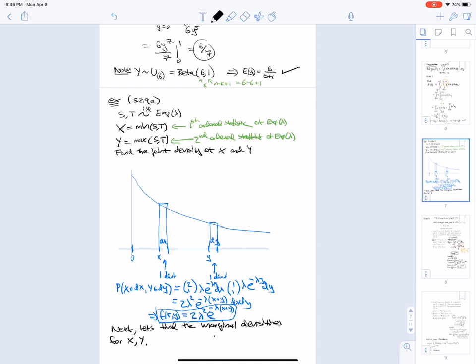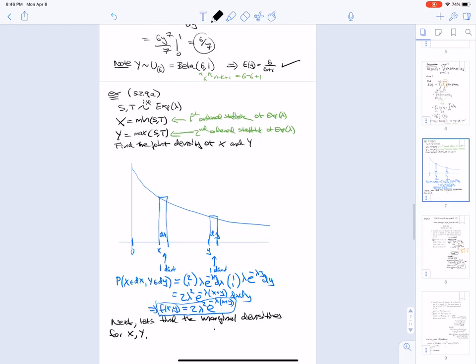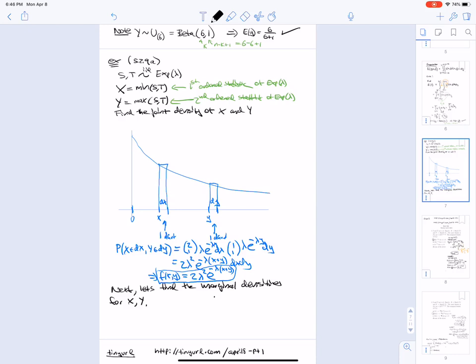This problem is very similar to how we found the joint density when S and T were standard uniform. We have the density of S or T drawn here. S or T takes values greater than 0.